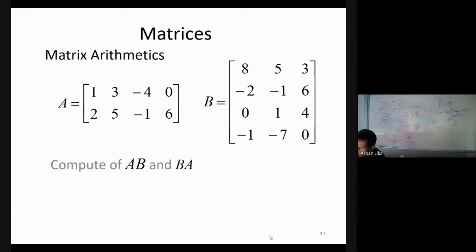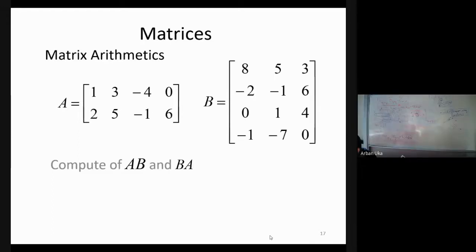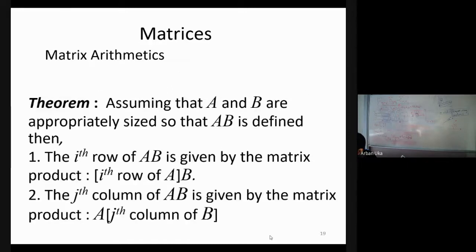Can you answer this? It is not defined. That's correct. So we don't always find something that is asked, but we check whether it is defined or not. This is something we have to be careful about. C and D are both 3 by 3, so both C times D and D times C are defined, and we can do it easily.